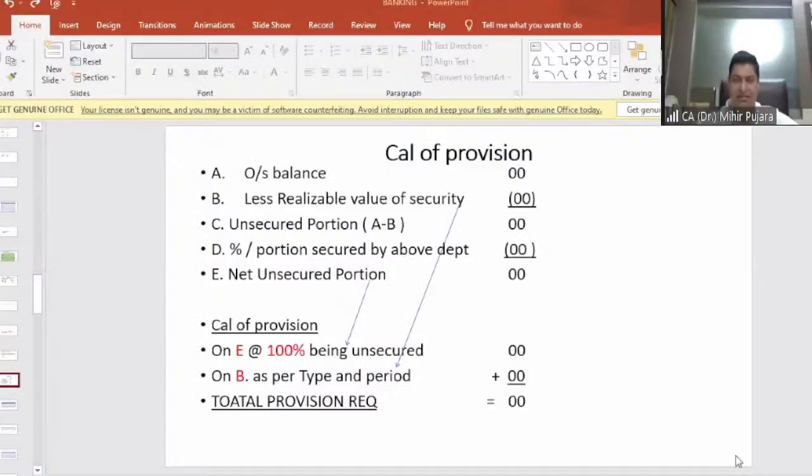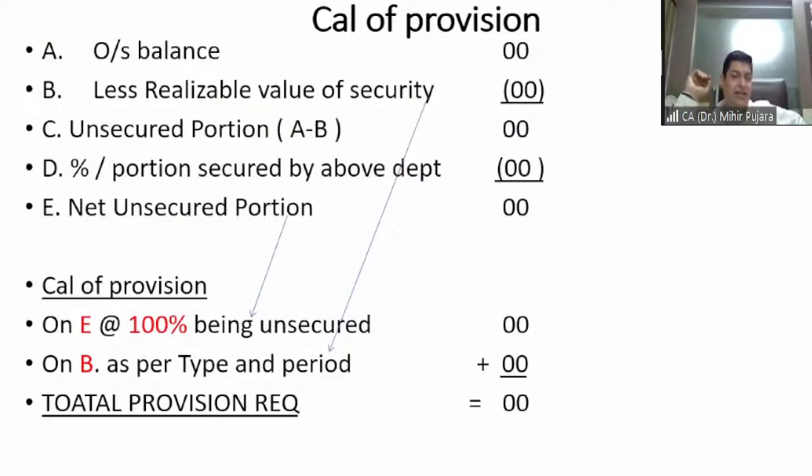Please refer to this PPT, and then tell me your answer. On E, it is like this. On B, as per this. You need to tell me the answer as per this, guys. We discuss on point number E, how much amount should be as a provision. On point number B, how much should be there. You should follow this here. Please don't waste time, guys. Be fast.